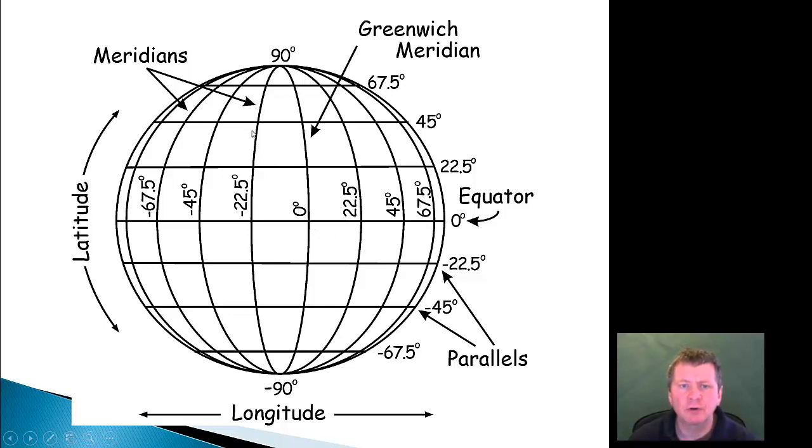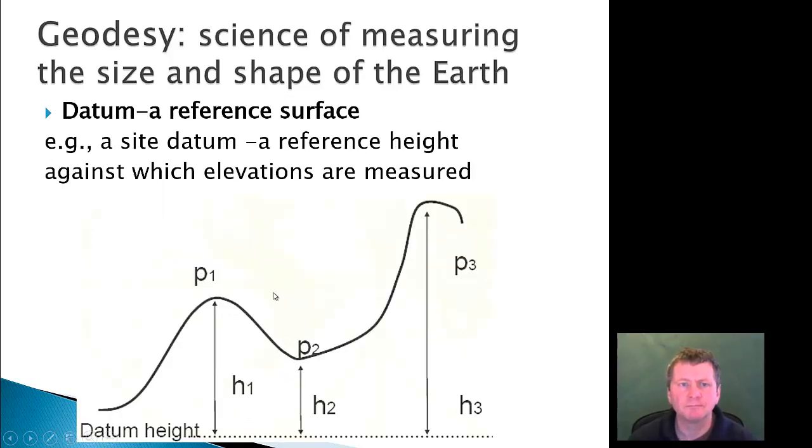These lines every 22.5 degrees are called meridians, and every 22.5 degrees as a slice this way are parallels. It's important to recognize that the meridian is still a circular thing. It goes from pole to pole, but the parallels are slices, so this is a much smaller circle down here, where the meridians are all essentially roughly the same size.